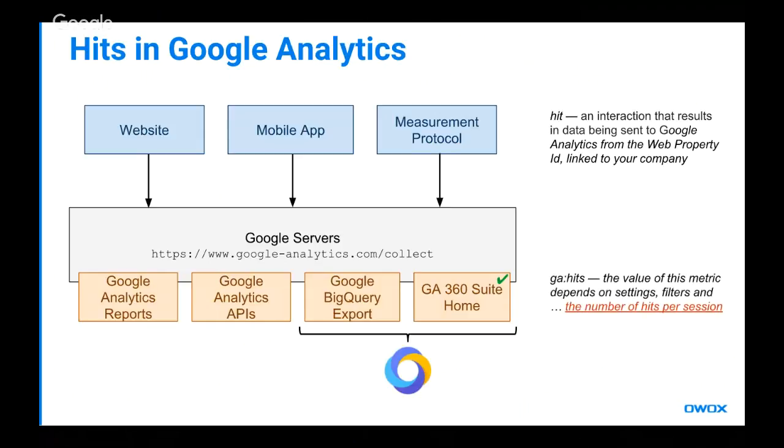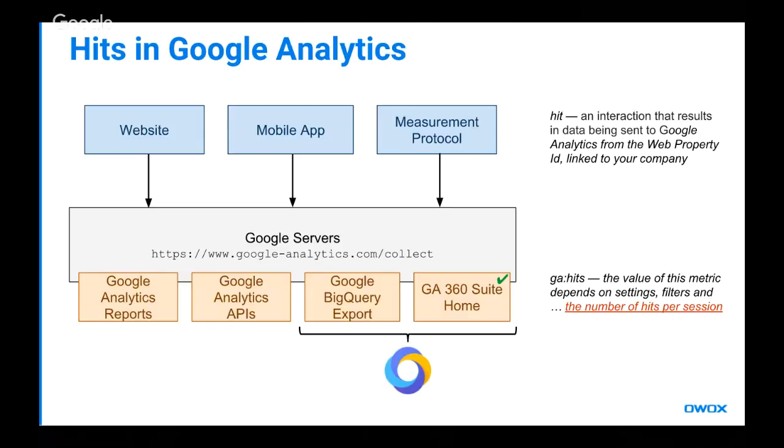So there are various types of hits you can send to Google Analytics 360, including page views, screen views, events, e-commerce, and so on. And the value of this metric depends on the settings, filters, and the number of hits per session.